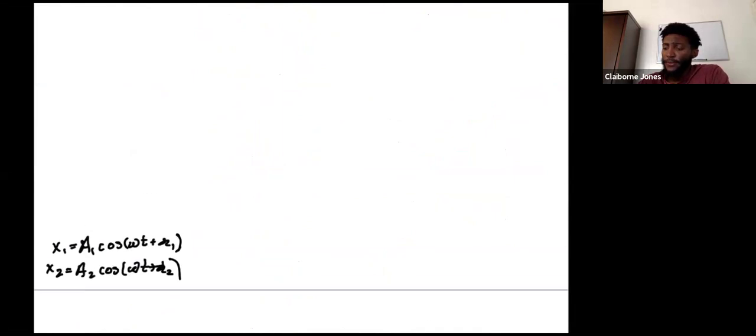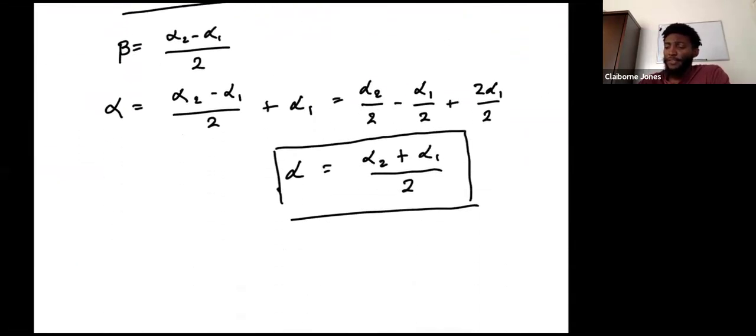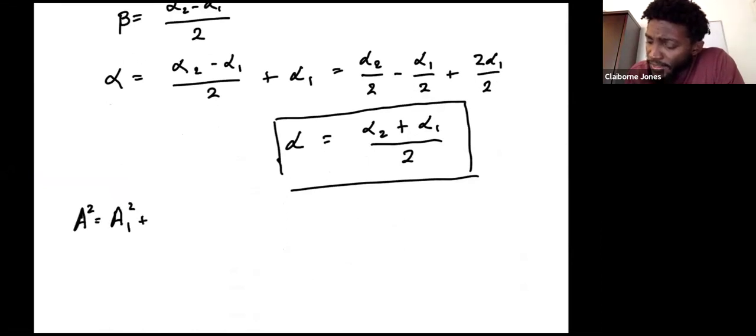I'm not going to write that whole expression out, but let's quickly recap. We found that a squared is equal to a1 squared plus a2 squared plus 2a1 a2 cosine of alpha 2 minus alpha 1.